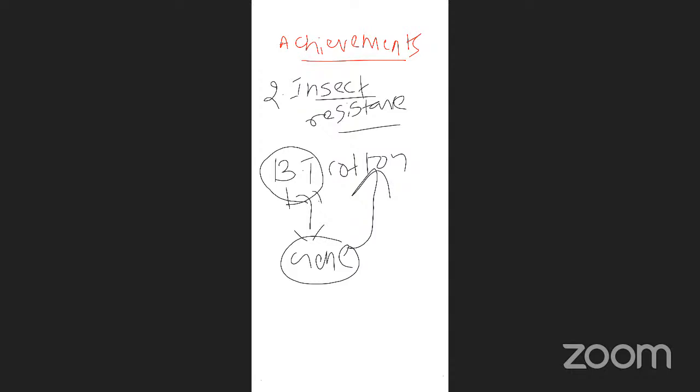After transfer of the gene, most of the tomatoes are resistant to the TMV. So this is another benefit. And fourth, herbicide resistance.